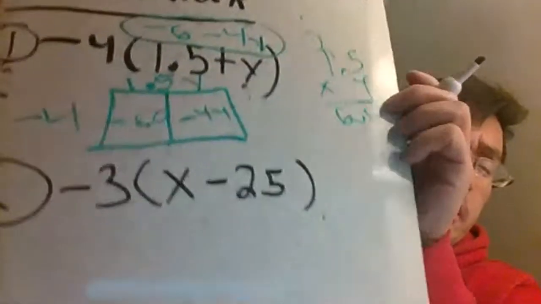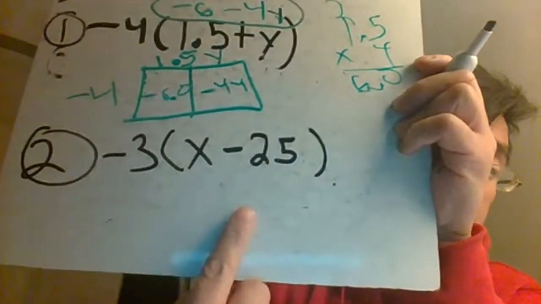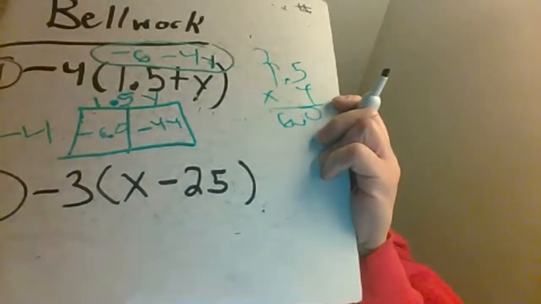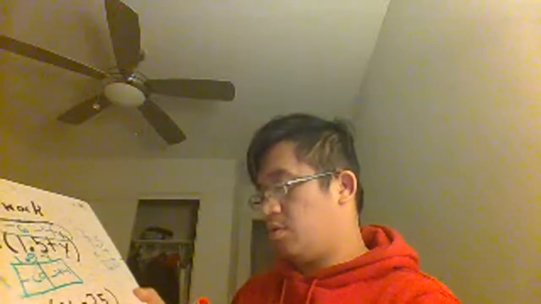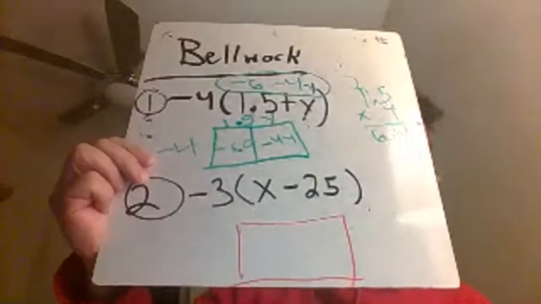So using that logic, can you draw me a rectangle for this one right here and solve it out? Again, draw another rectangle and distribute this.